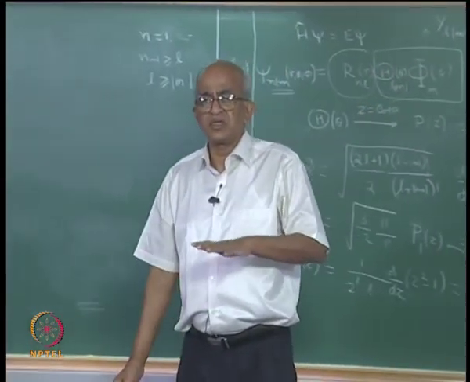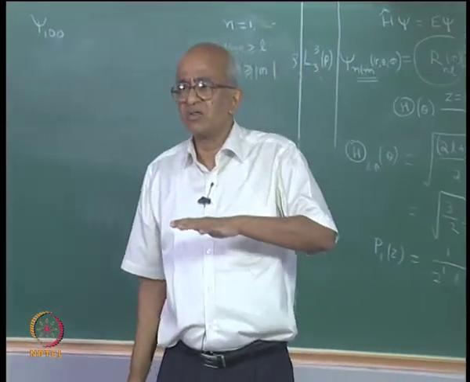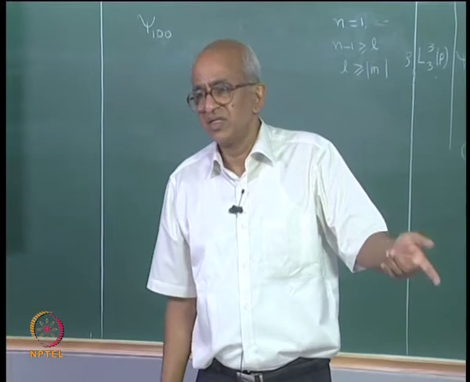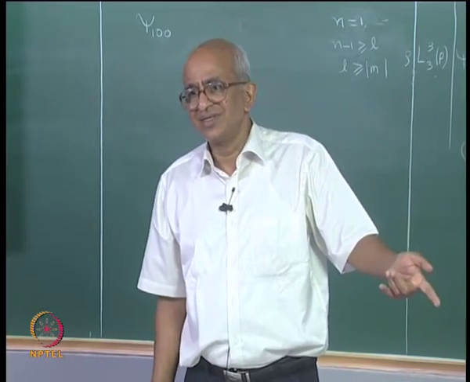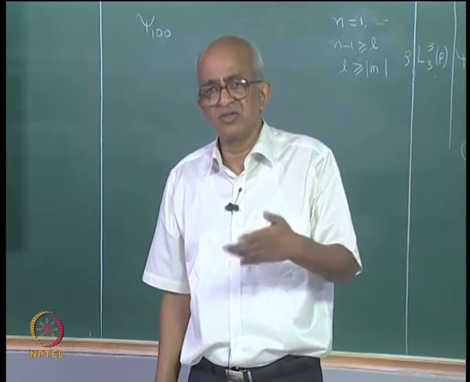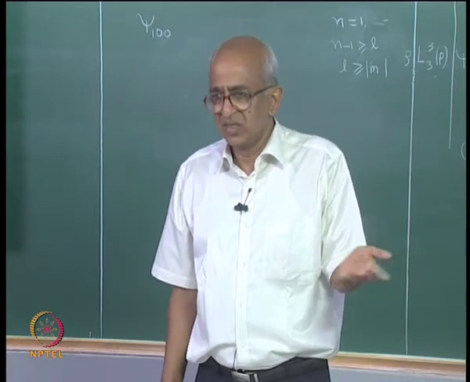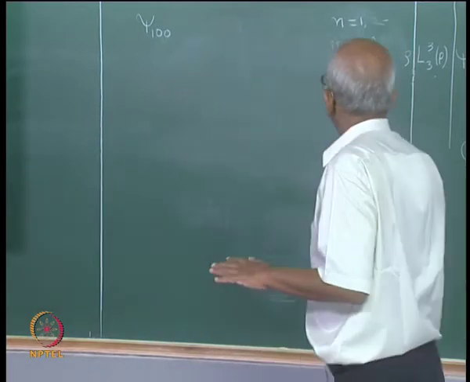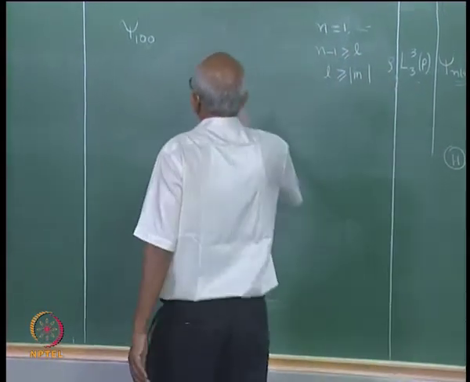So, that is the ground state of the system, and what do you find? The ground state of the system has only one solution. We say that this is an energy level that is non-degenerate. If you have more than one state, you say it is degenerate, but here there is only one state having this particular energy. So, what is the form of this function?